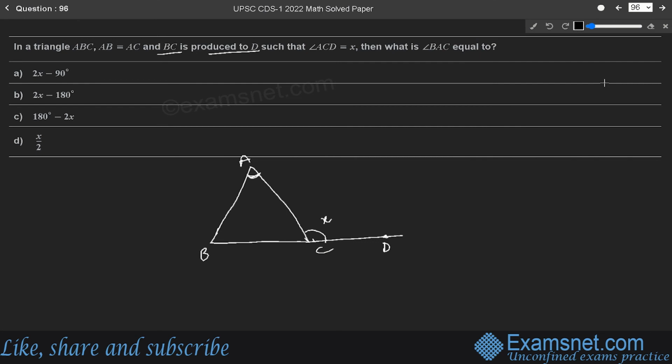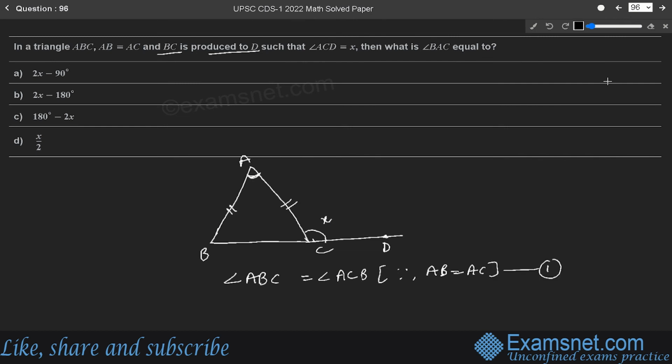And we know that the sum of angles in a linear pair is 180 degrees. Since ABC is an isosceles triangle, two sides will be equal. Therefore, angle ABC will be equal to angle ACB, since AB is equal to AC. Let this be equation number 1.